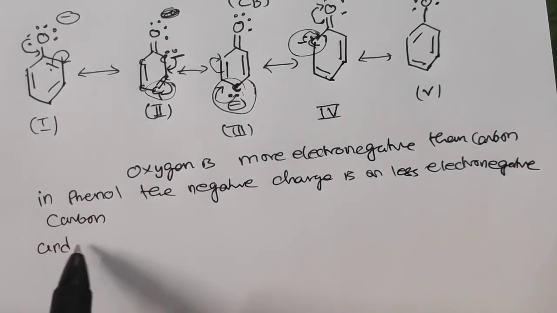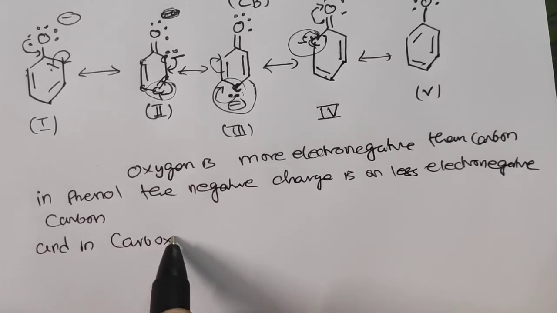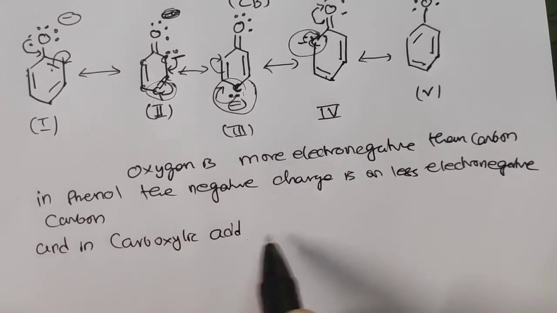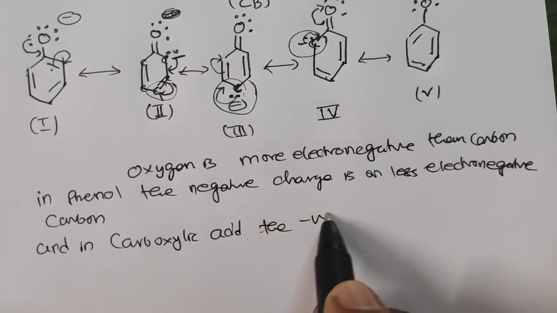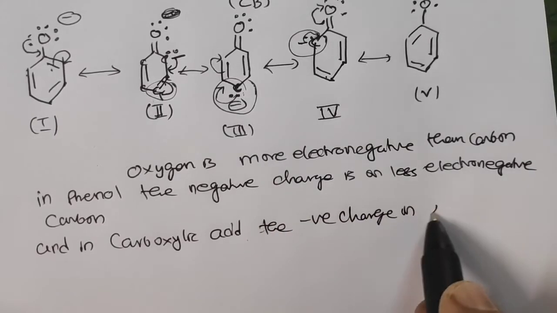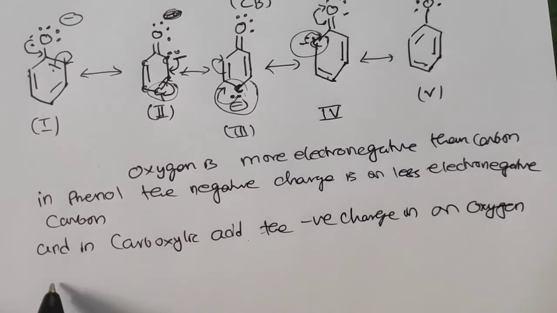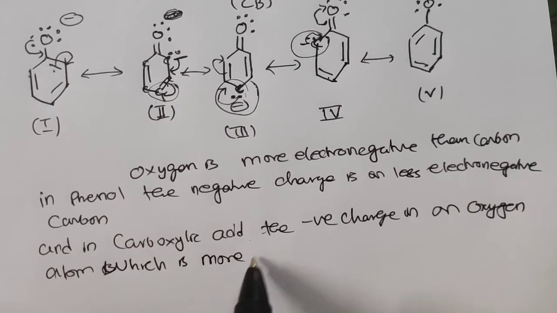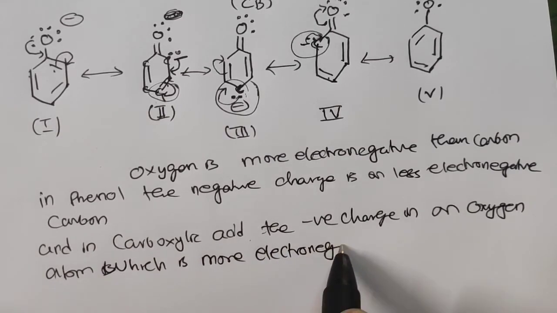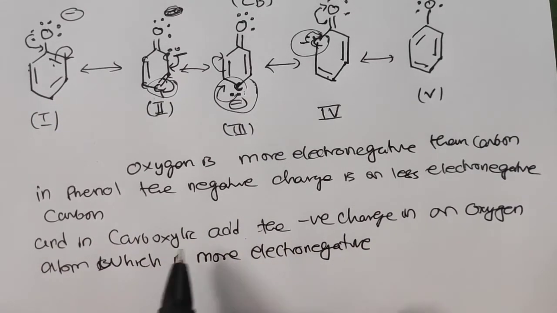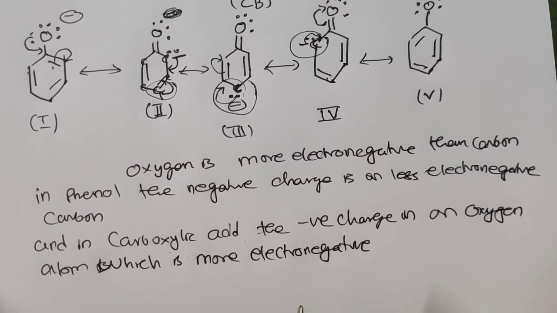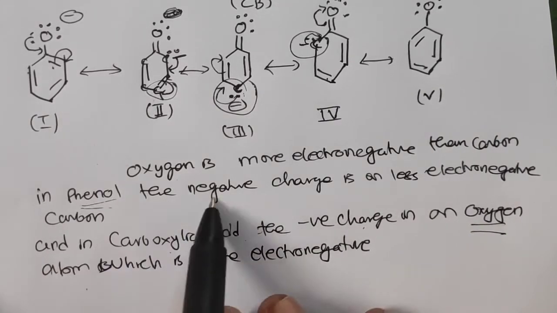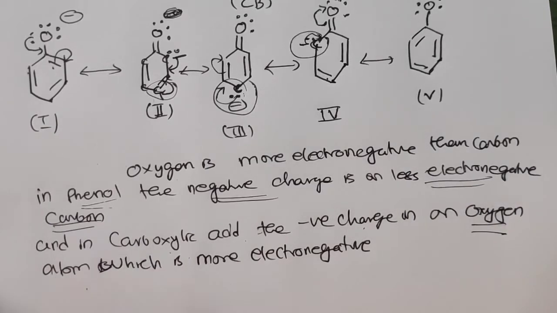And in carboxylic acid or carboxylate ion, the negative charge is on the oxygen atom, which is more electronegative. Understood this part? So this is the reason why carboxylic acids are more acidic than phenol, because in carboxylic acid the negative charge is on oxygen, the more electronegative atom, and in phenol the negative charge is on the less electronegative carbon.